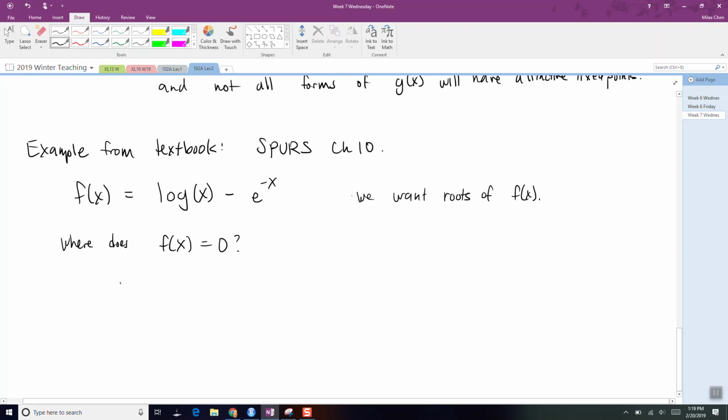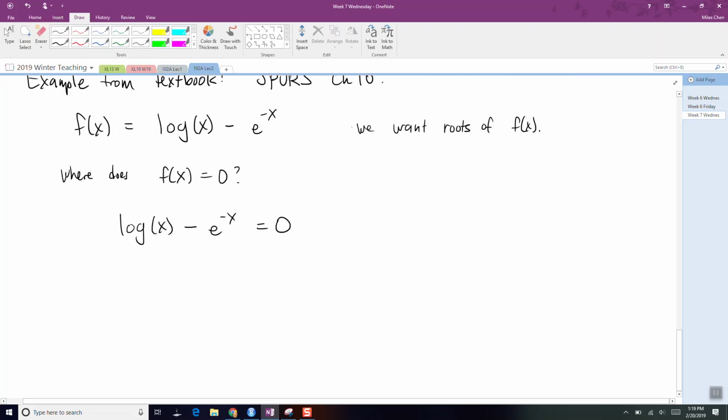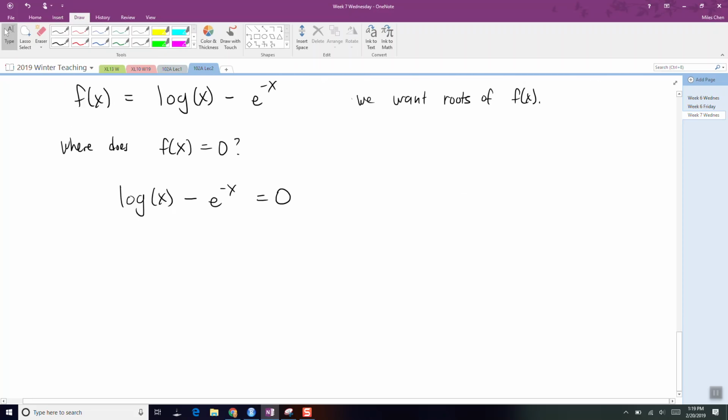Okay, so what I'll do is I'll take f of x, log of x minus e to the negative x, set that equal to 0, and we're going to just kind of move things around. I've got log of x is equal to e to the negative x, so I'm going to add e to the x both sides, and then I'm going to just raise e to this side and e to this side, and so I get x is equal to e raised to the e of negative x.